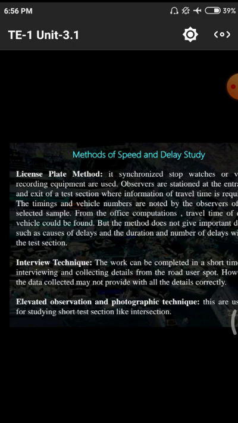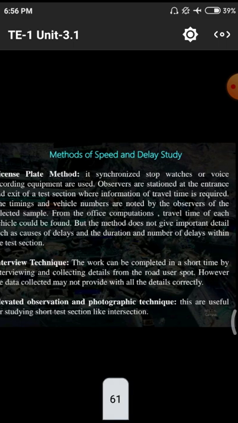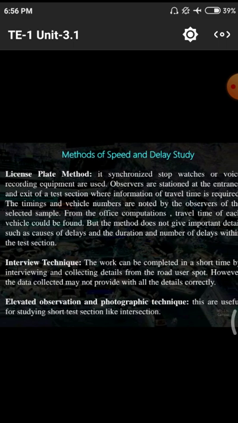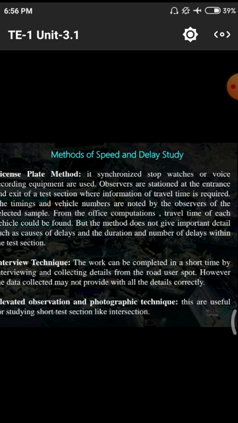Next one, different methods of speed and delay studies. After that we have the license plate method. Previously we studied the license plate method, and after that we have photographic methods and other videographic methods. In this license plate method, synchronized stop watches or voice recording equipment are used to observe the stations at the entrance and exit of the test section where travel time information is required.